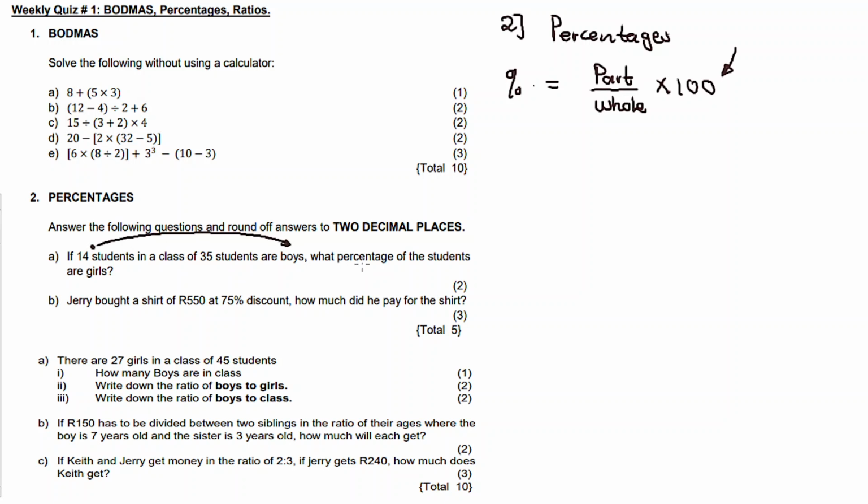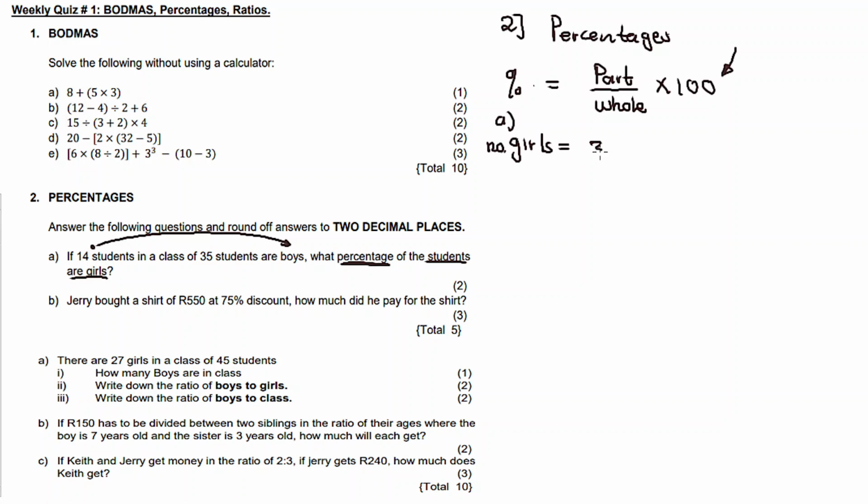The question requires you to calculate the percentage of the students that are girls, right? What percentage of the students are girls? So first, we're at number 2A, we have to find the number of girls. So the number of girls is what?